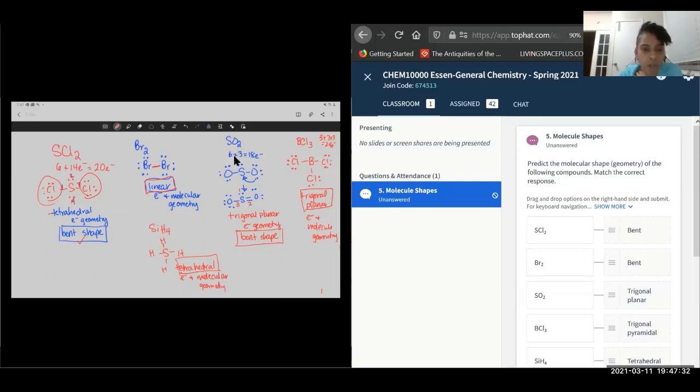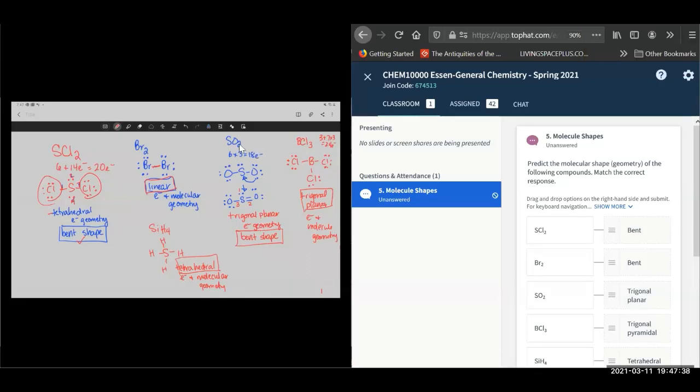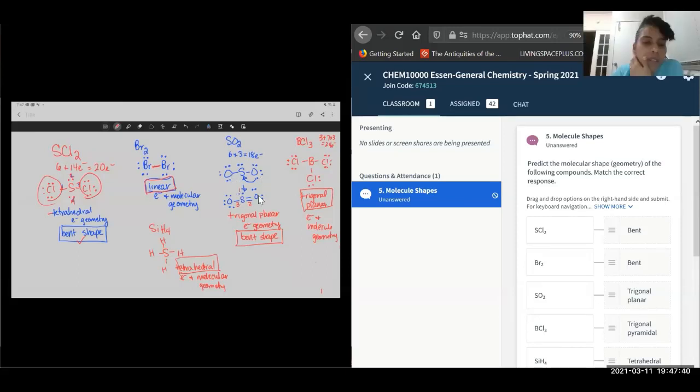So for SO2, can you guys see my mouse moving? Yeah. Okay. So for SO2, there's more than one way that you can draw it, but it's going to have 3 electron groups surrounding it. So that's going to give us the trigonal planar electron geometry. But being that I only have 2 atoms attached, that gives me the bent shape.